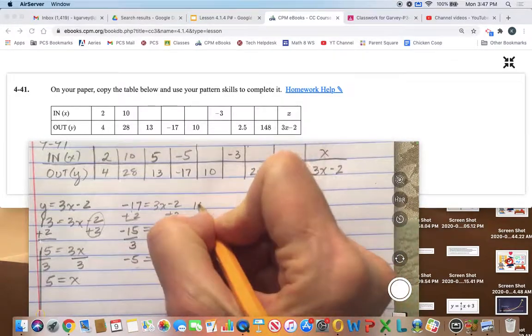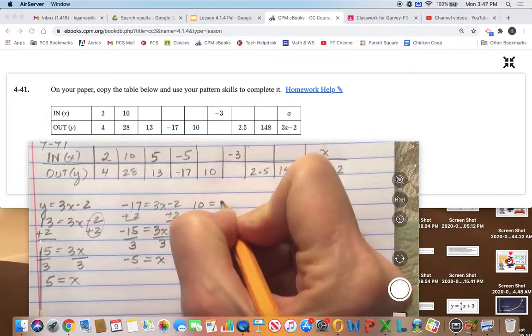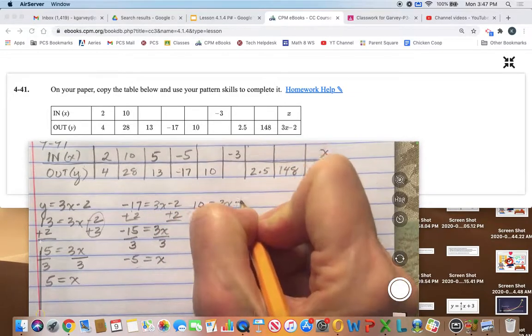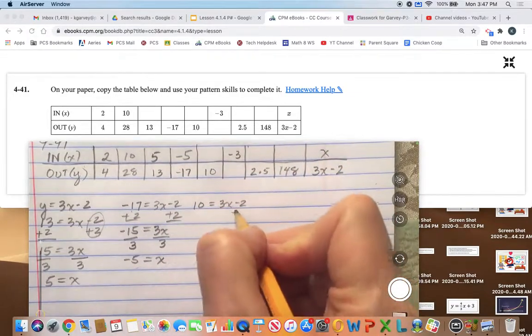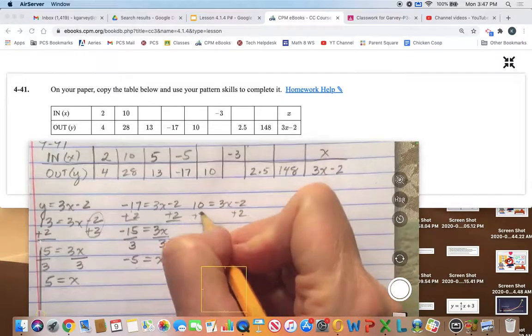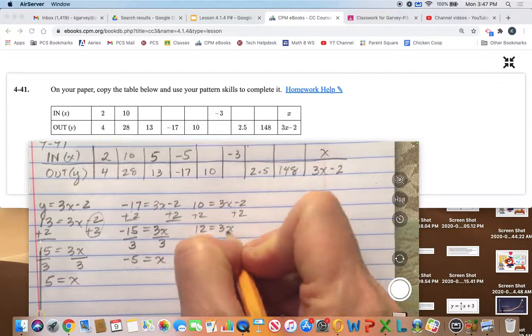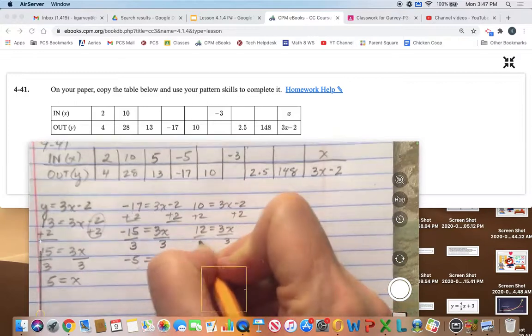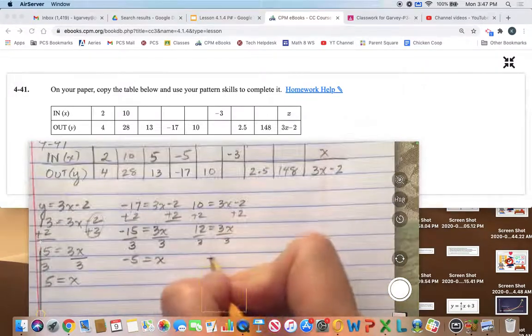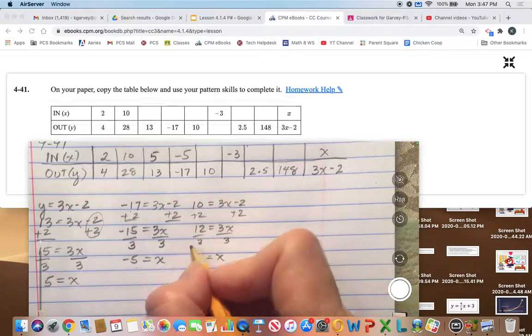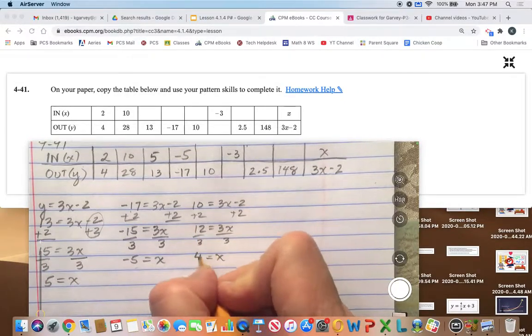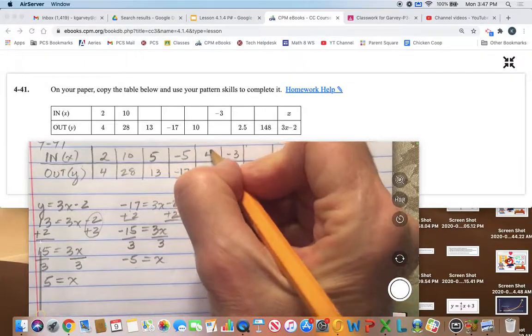So we can just keep going. 10 is equal to 3x minus 2. And if we add back in the 2, this is 12. And this is 3x. And now we'll divide by 3 on both sides. And we will get x is equal to 12 divided by 3. That's 4. Okay, so that goes in there.